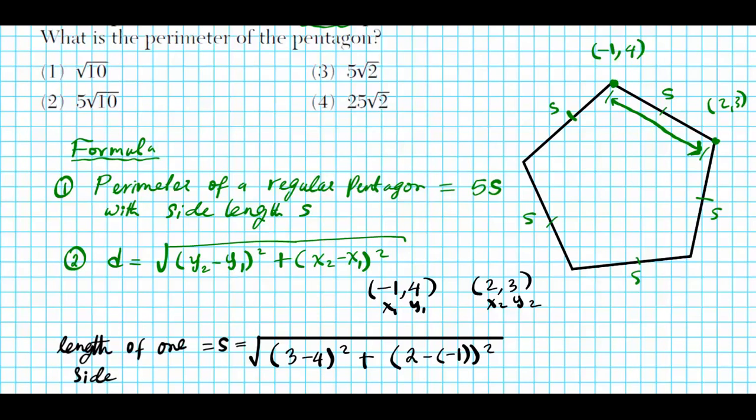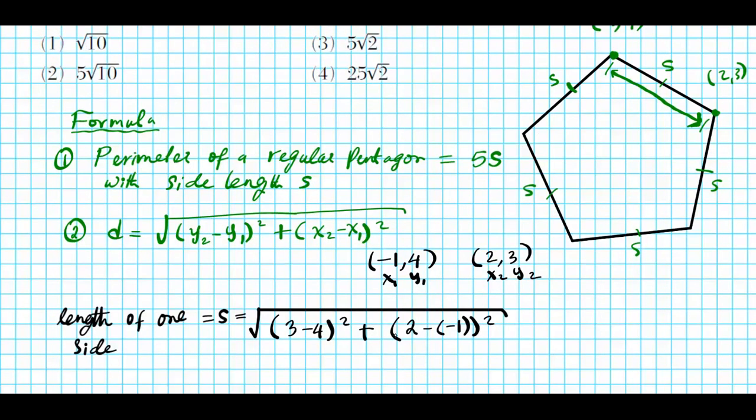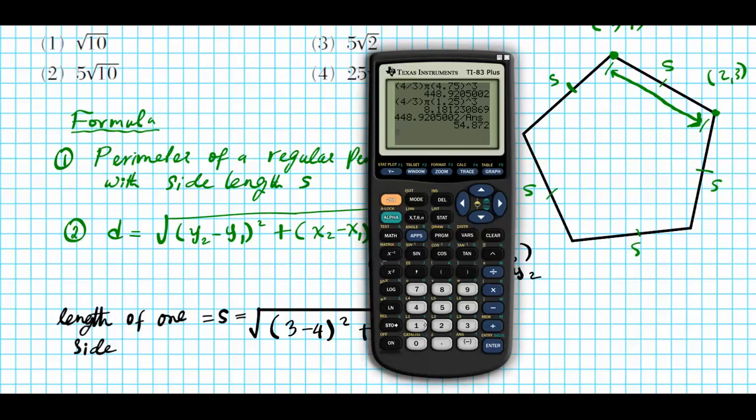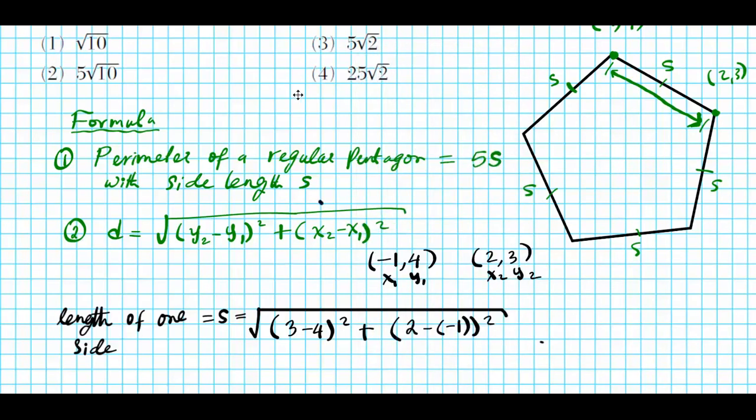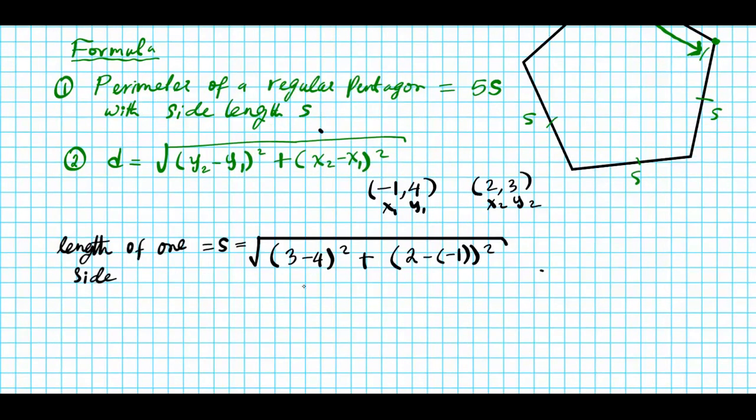Evaluating the square roots will help us determine the side length. Now if you're using the regular TI-83 calculator like this one, you might run into some complications because our answer is supposed to be exact. So we want to try and do this one by hand.